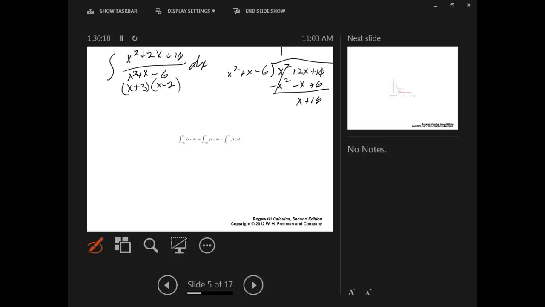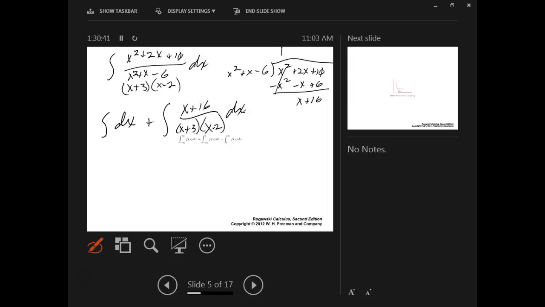Now, rewrite that integral as the integral of dx, that's 1 dx, plus the integral of x plus 16 over, and now is where the factoring comes in handy, x plus 3 times x minus 2 dx.